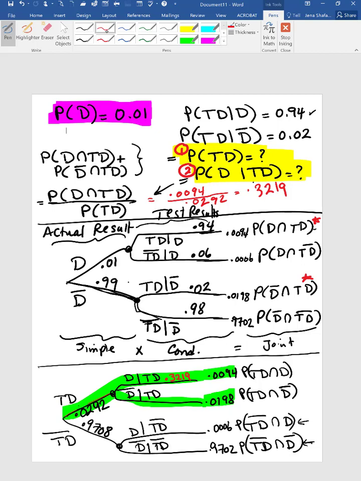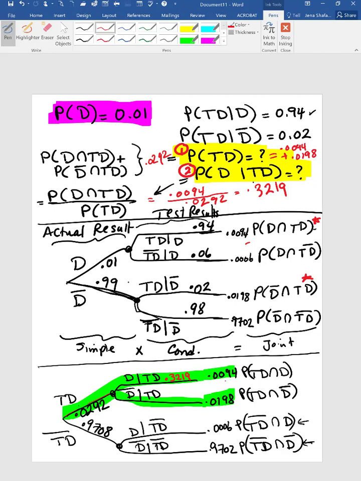And the answer to question 1 was 0.0094 plus 0.0198, which we found out to be 0.0292.